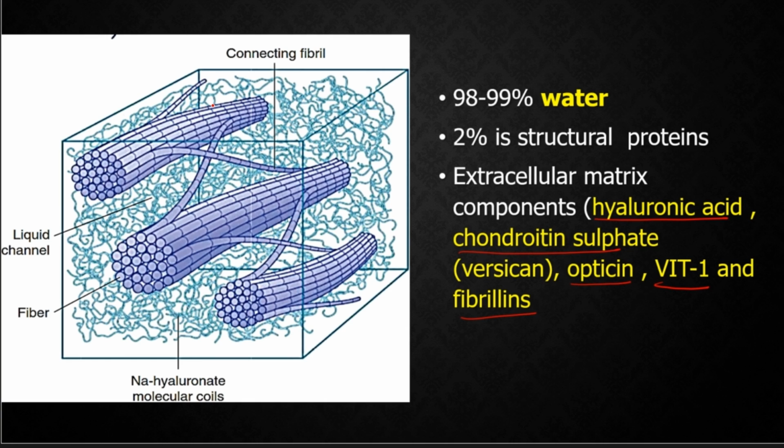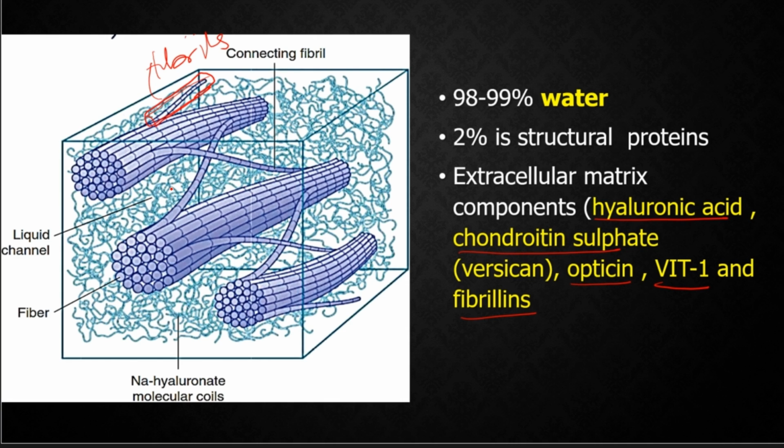As you can see in this diagram, we have these thin structures which are known as the fibrils. These fibrils are coiled together to form the fibers, and the fiber structure of the vitreous is derived from the collagen.